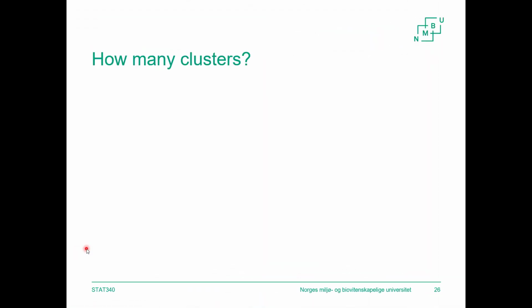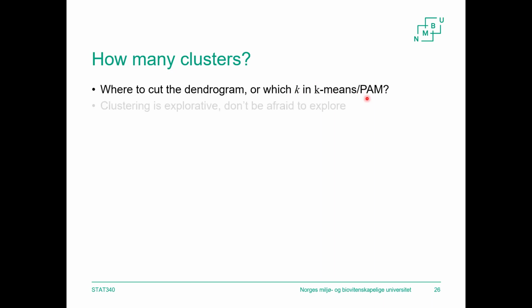Let us finish by considering how many clusters we should use. This is typically where in the dendrogram do we cut, or at which k in the k-means or PAM do we stop, or which k do we choose, right? First of all, clustering is explorative, so don't be afraid to explore, right?